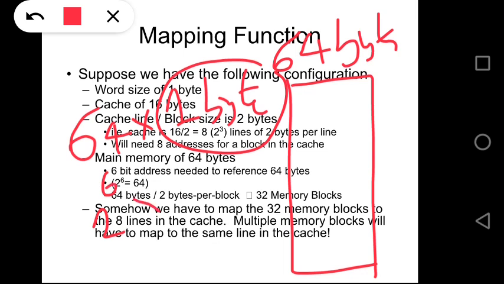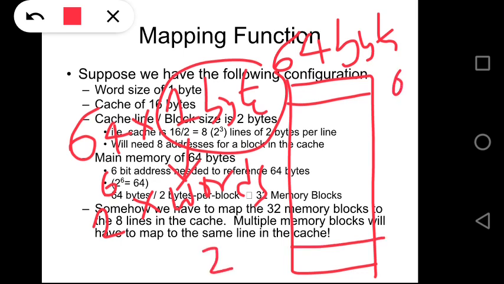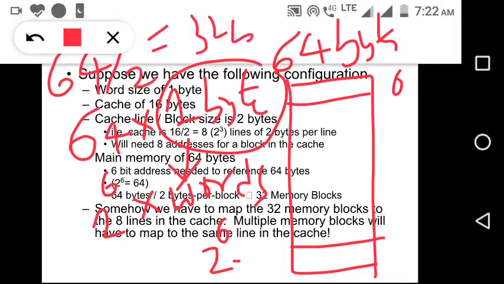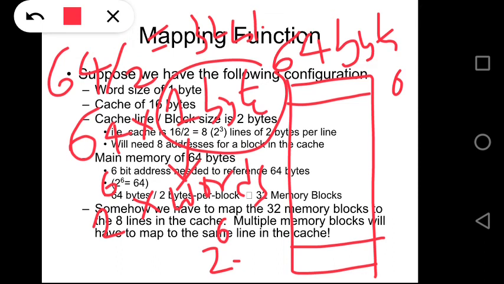So there are 2 power 6 words, and the size of the word is 1 byte, starting from 0 to 2 power 6 minus 1, that is 63. 0 to 63. Now you know that the block size is 2, so divide 64 by 2. You get 32 blocks, 0 to 31, and 5 bits are required. So the main memory is 64 bytes. To address this we need 6 bits.